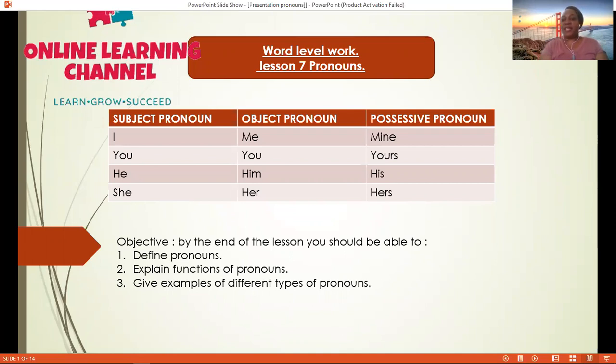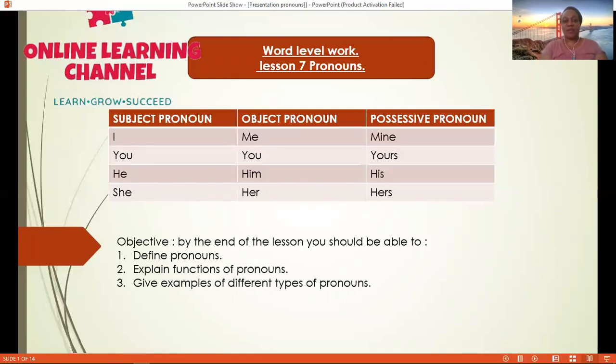We are looking today at a lesson on word level work, which is our lesson 7 on pronouns. I have examples of pronouns for you there just to remind you what we refer to as pronouns.